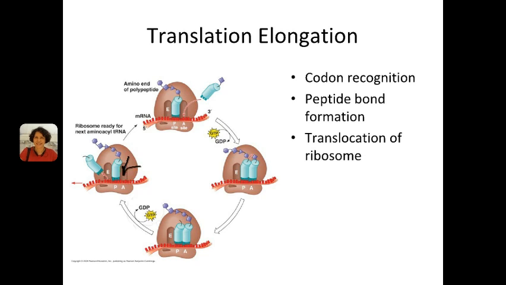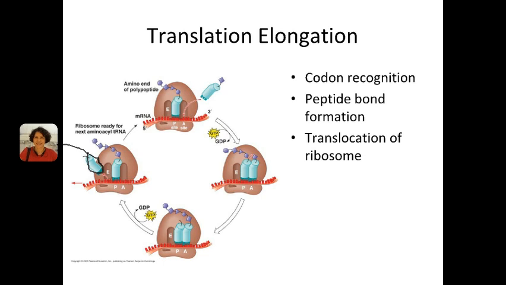The ribosome moved in this direction, and the A site is now open, and the tRNA that used to be in the A site is now automatically in the P site, and the one that was in the P site is now in the E site, and from the E site it gets booted out of the ribosome. So that one goes out.